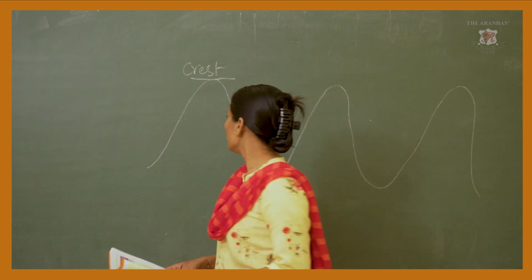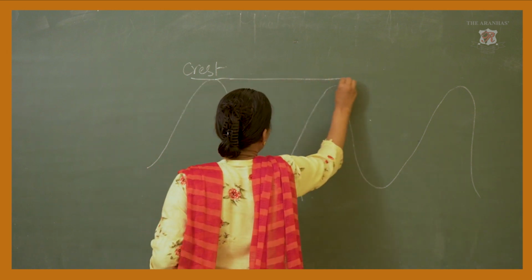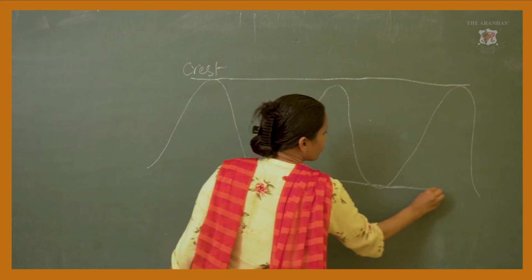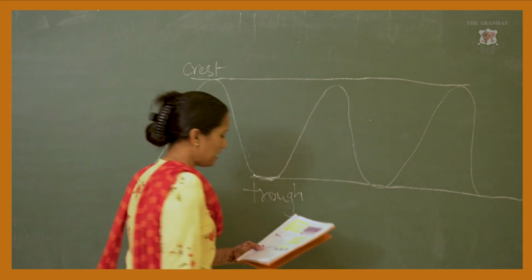Now suppose this is a crest, then this is a crest, and this is a crest. Similarly over here, trough and trough, right?